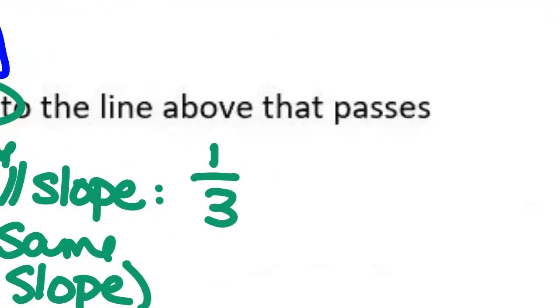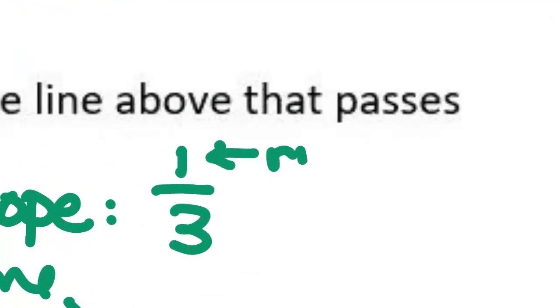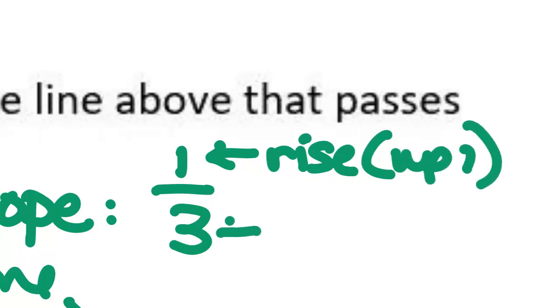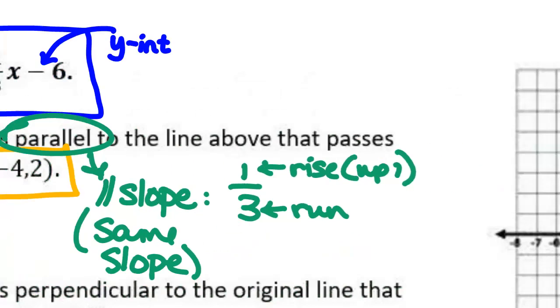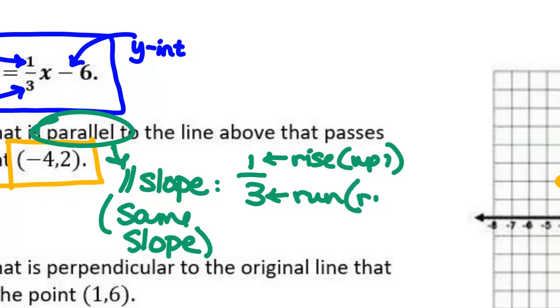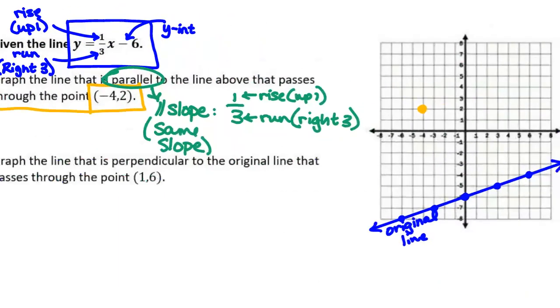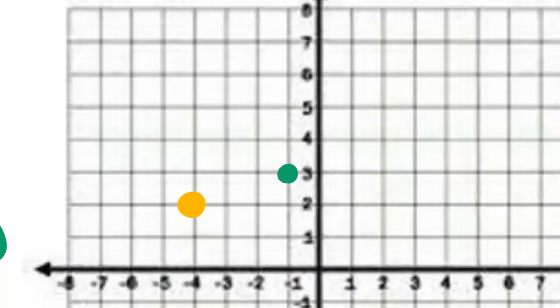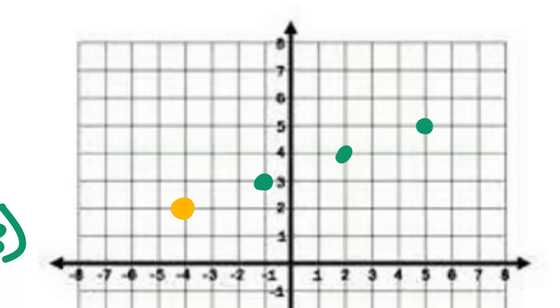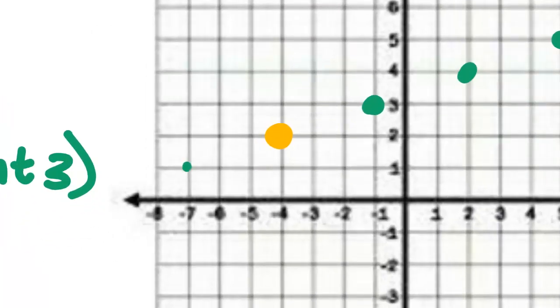So from that yellow point that I put down, I'm going to rise 1, so up 1, and I'm going to run 3, so to the right 3. So yellow dot, up 1, right 3, and so on. And I can go backwards, down 1, left 3.